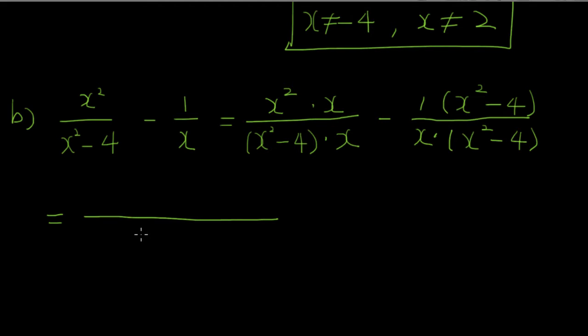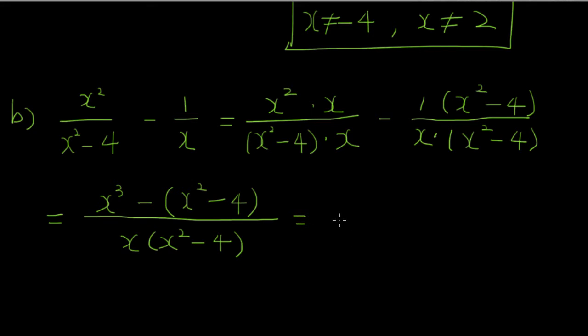which is x times x squared minus 4, this would be x to the third minus, let's look at this. Well, let me write it down. x squared minus 4. Just like that.